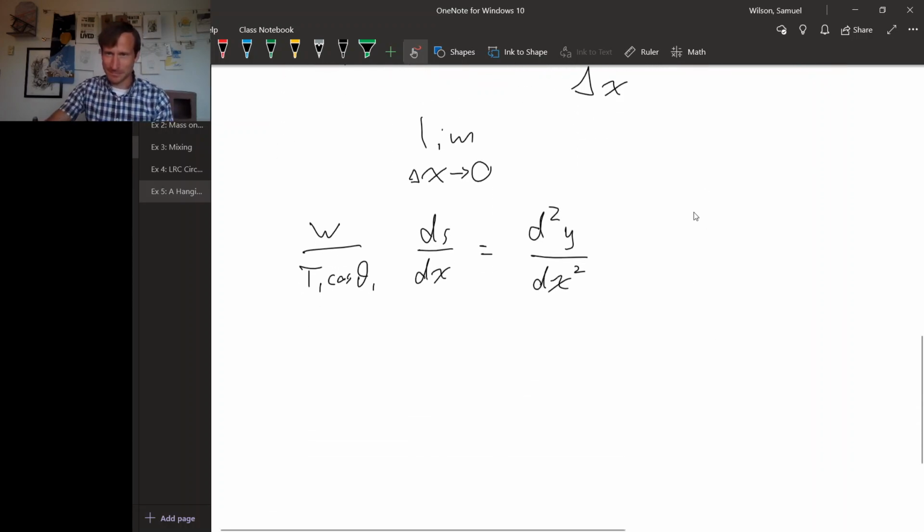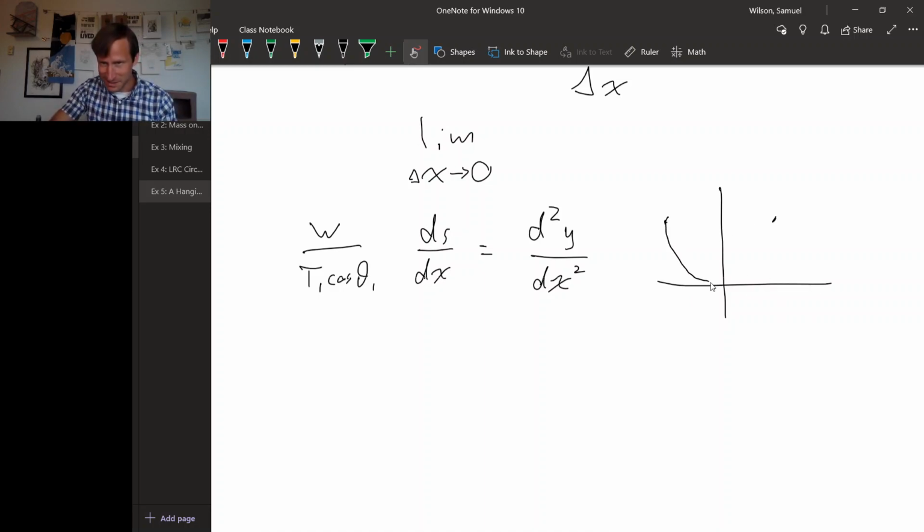Okay. Now remember how we set up our coordinate system, right? We have this cable hanging like this. We set up the coordinate system so that the origin was at this lowest point. So this differential equation is true for every x value, and in particular it's true at this central x value, and at this central x value theta 1 is 0.